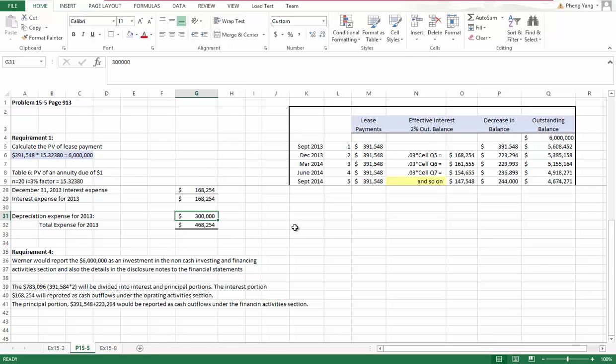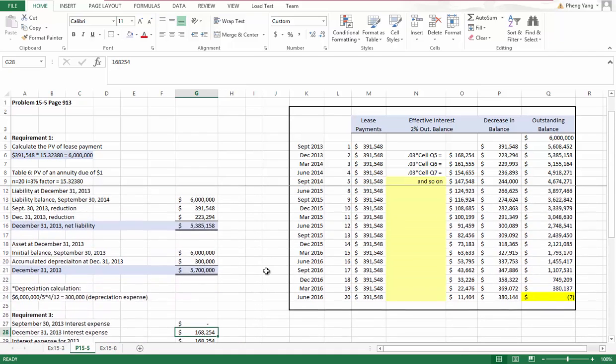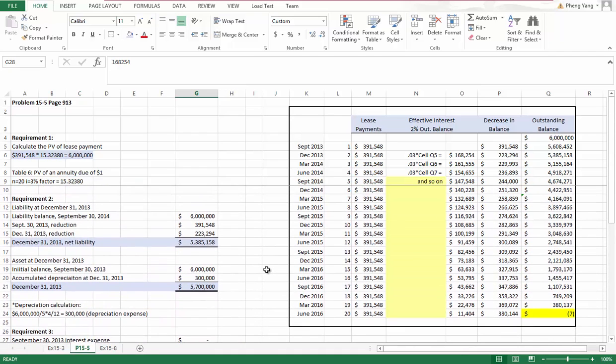The $168,254 in interest here is interest expense that reduced net income and actually did reduce cash, and it is the interest portion of the $783,096 cash lease payments. So for it, no adjustments to net income are necessary. So basically, that's what we have then for problem 15-5.